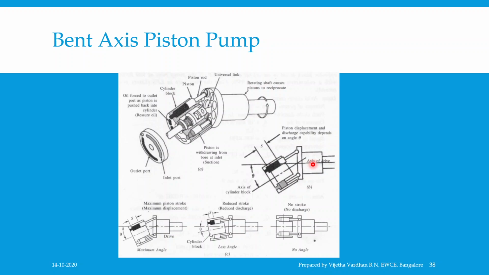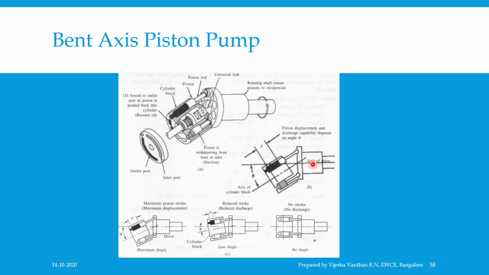Now, the piston rods are attached to the drive shaft flange by ball joints and are forced in and out of their bores as the distance between the drive shaft flange and the cylinder is varied. And a universal link keys the cylinder block to the drive shaft to maintain the alignment and to assure that they turn together.